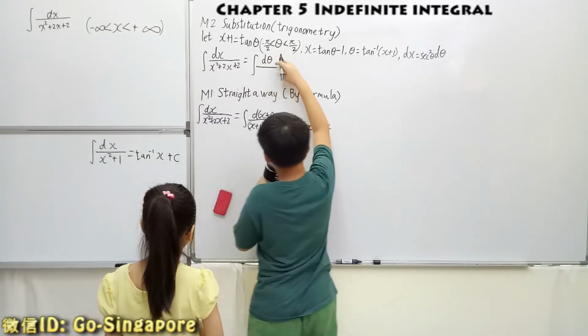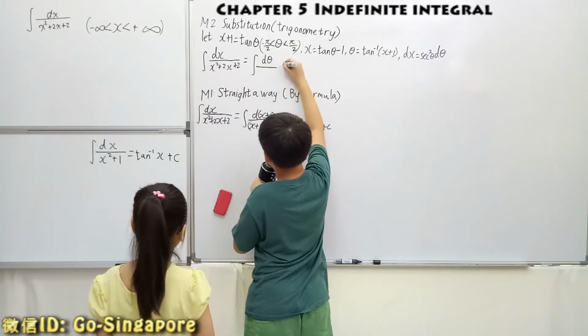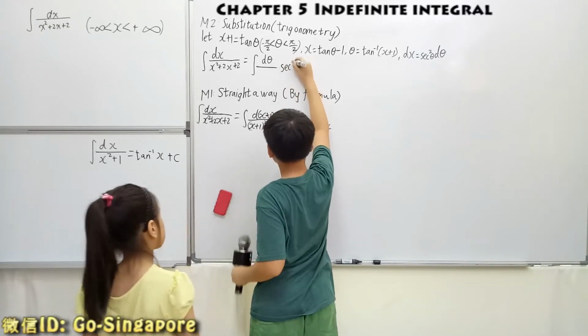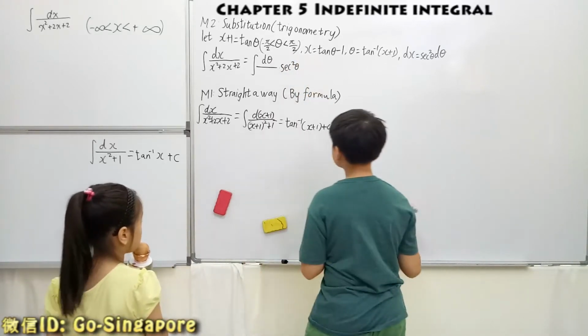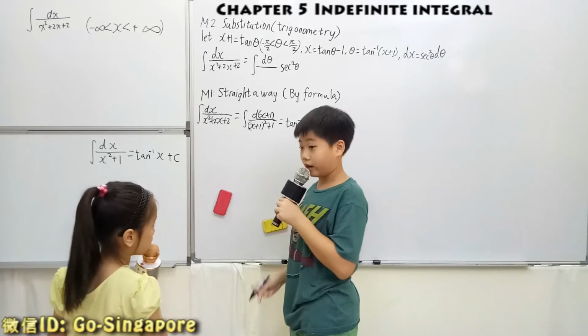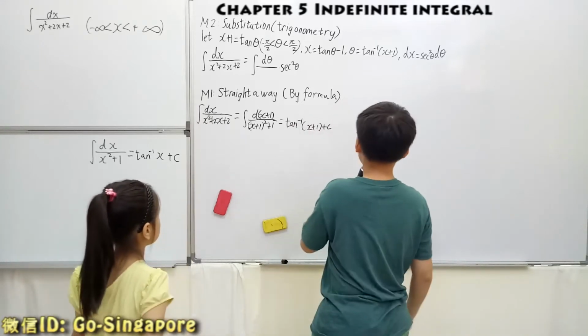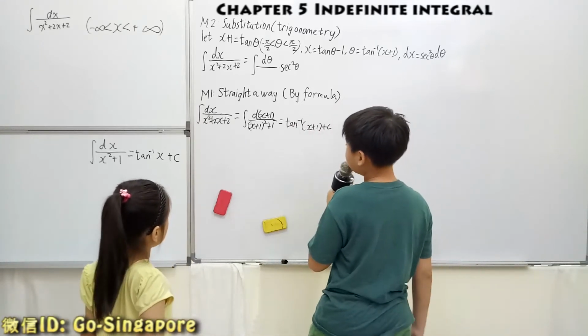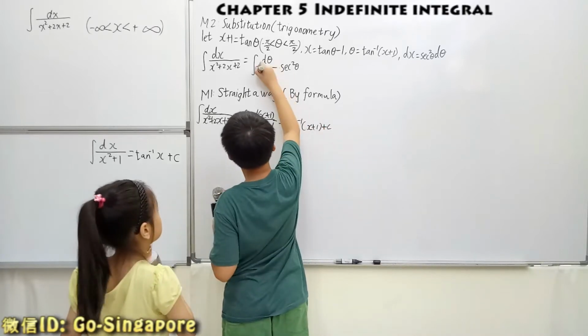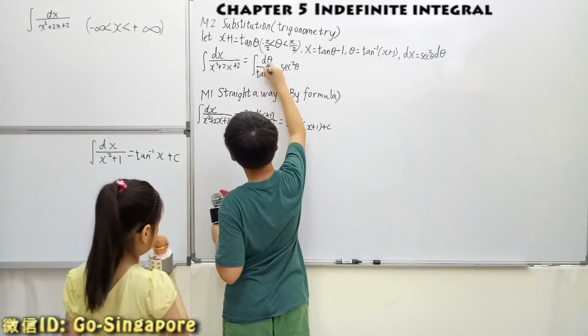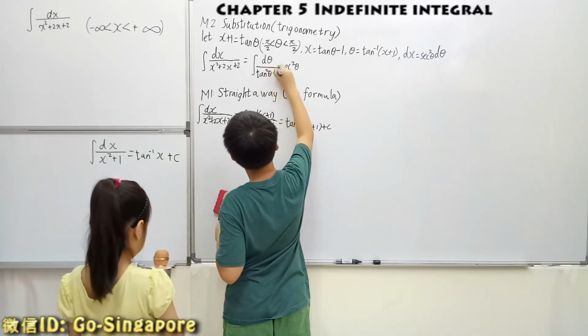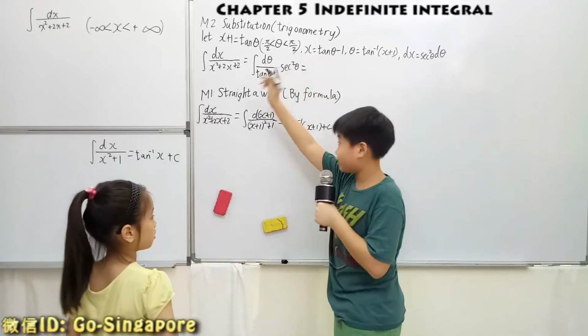So for this here, this d theta, and remember here is the secant square theta, right? Yes. Then for this will be over. Remember your tangent. Good. Like this, right? Yeah.